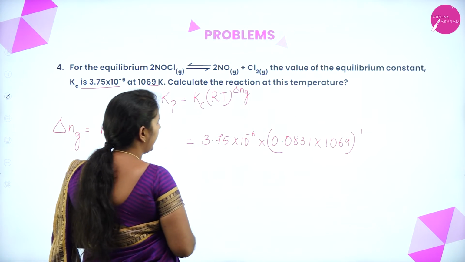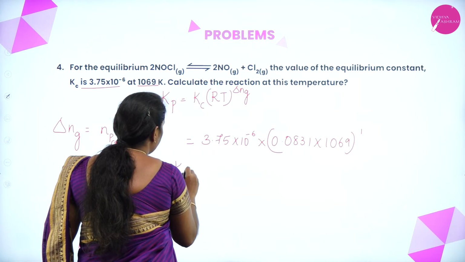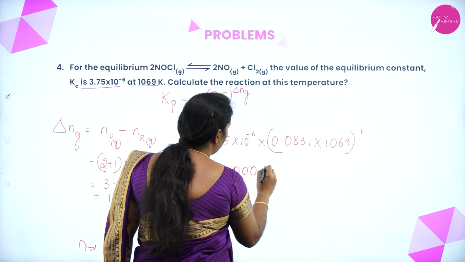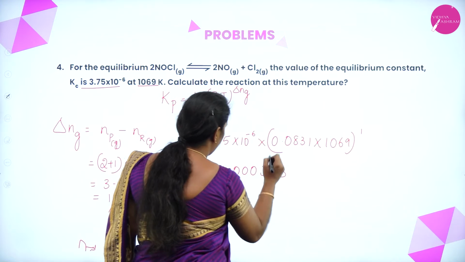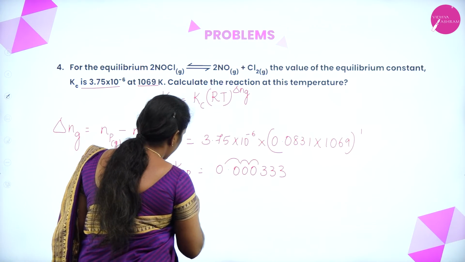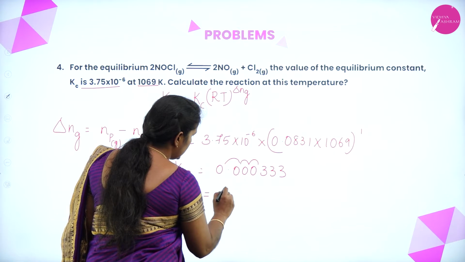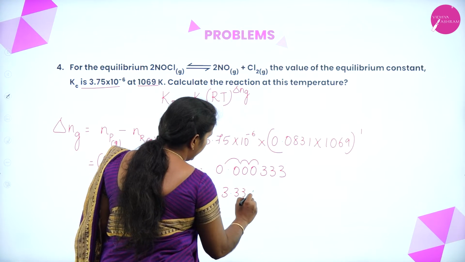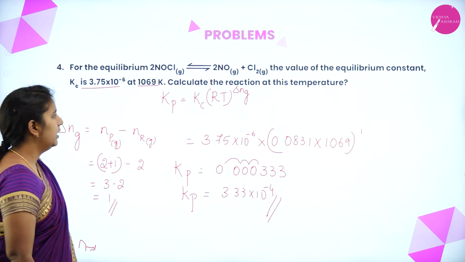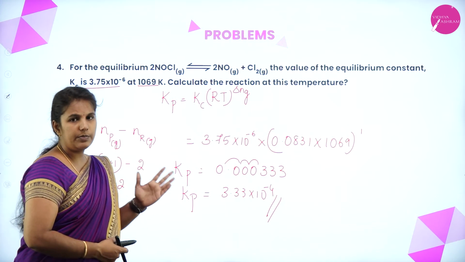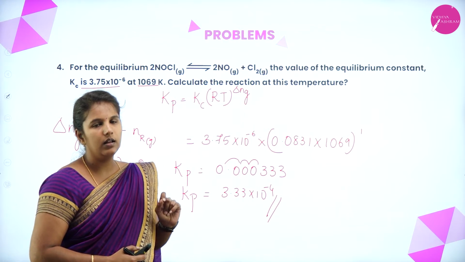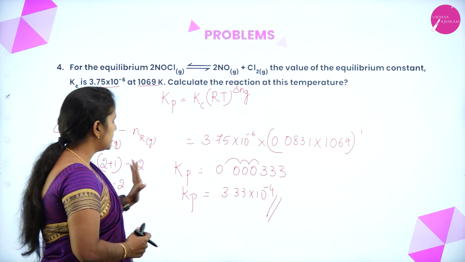So if I multiply this, you will get the Kp value as 0.00333. Or if you shift the point, you can rewrite the Kp as 3.33 into 10 to the power of minus 4. Okay. This is how the relationship between Kc and Kp can be easily calculated by looking at the numericals. Hope you all understood this numerical.